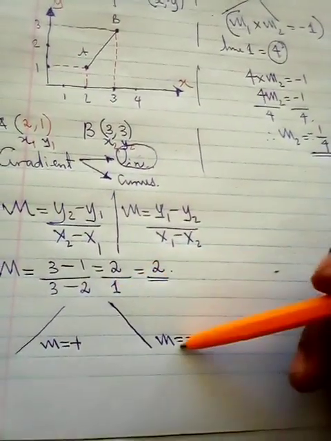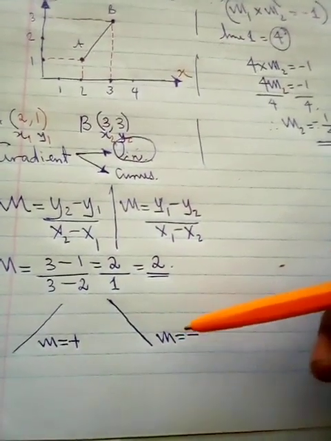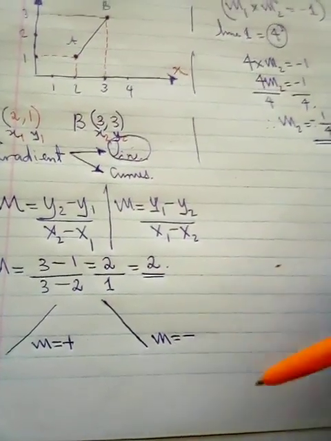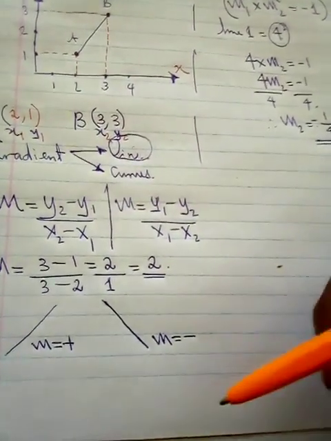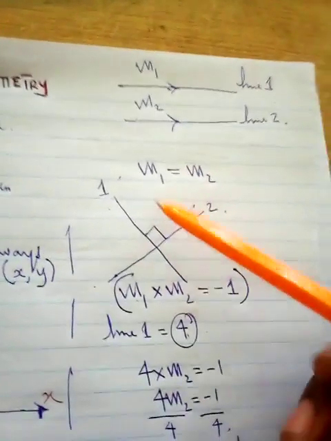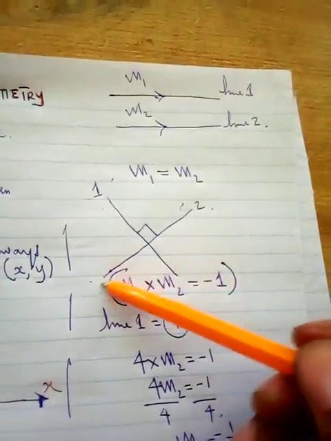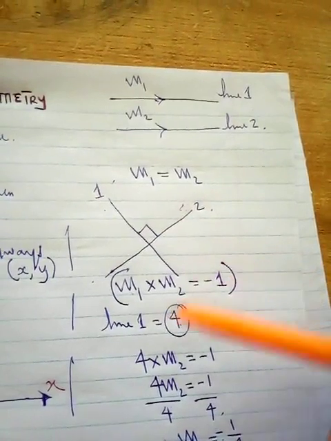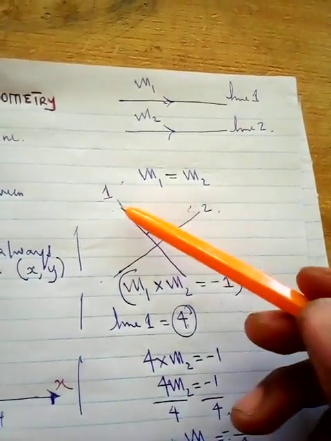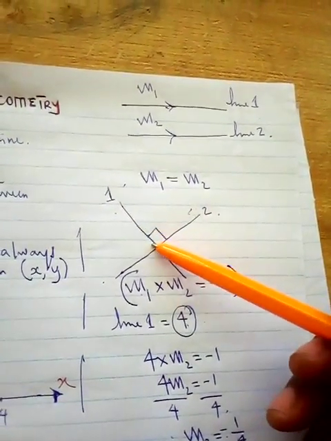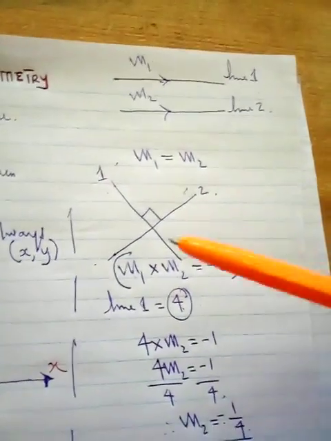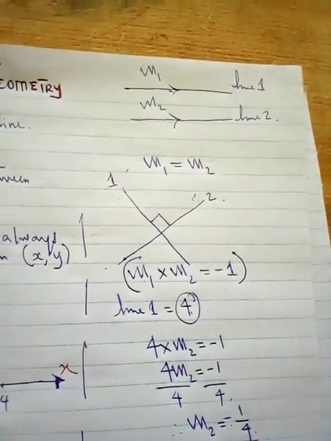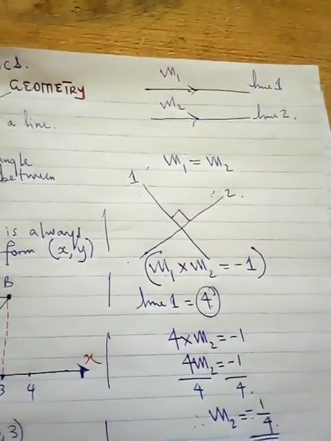If the line is decreasing, the gradient is going to be what? It's going to be negative. Very important that you understand these concepts. The nature of 1 and the nature of 2 are completely different, which means that the nature of their gradients are also going to be different. One is going to be positive, the other one is going to be negative.